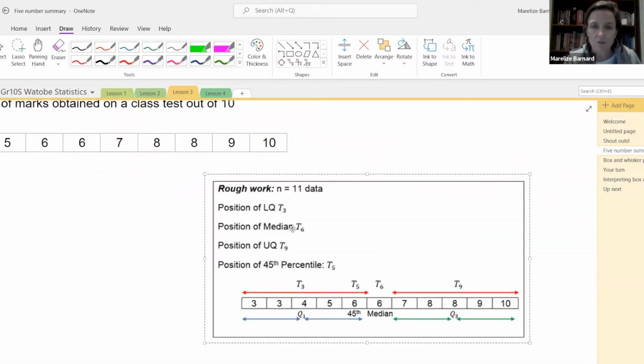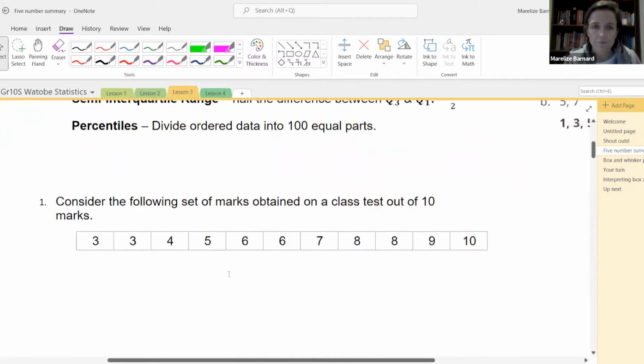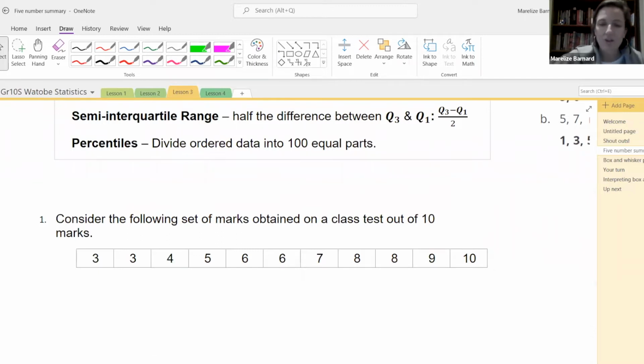Now it's best to just work with an example to show how this works. Let me just move this out the way. Okay, so let's have a look at our data here. Consider the following set of marks obtained on a class test out of 10 marks. 1, 2, 3, 4, 5, 6, 7, 8, 9, 10, 11. Can anyone tell me what number will be the median?